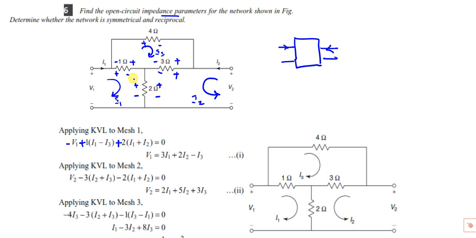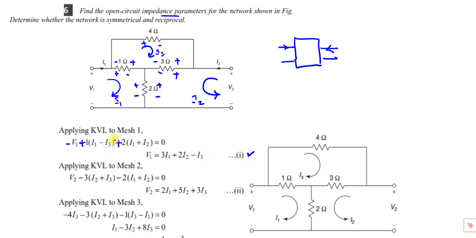I1 is coming down, I2 is also coming down, so both get added: I1 plus I2. If you simplify this, V1 is equal to 3I1 plus 2I2 minus I3. Bringing V1 to the right side, it becomes positive. I1 plus 2I1 is 3I1, then 2I2, and 1 into minus I3 becomes minus I3. So equation number 1 is over.